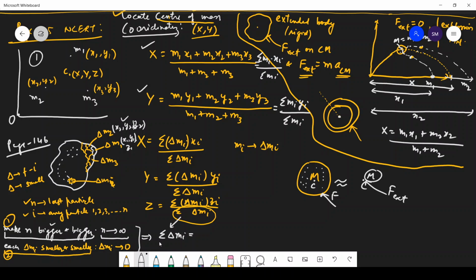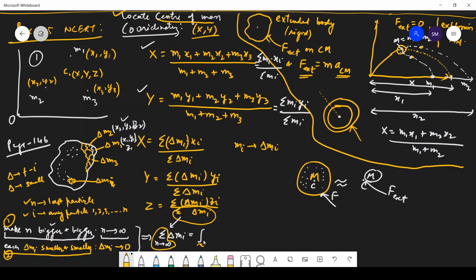When you are finding the sum of infinite terms, instead of summation you need to put the integral sign. The integral sign is nothing but summation, adding infinite values.